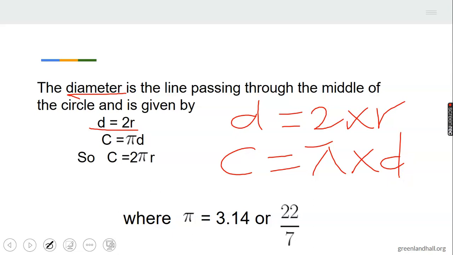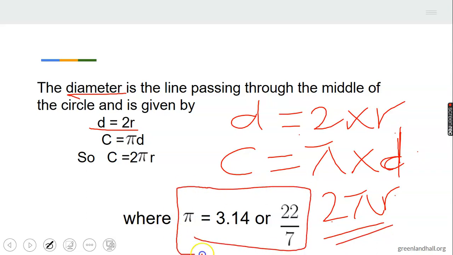If you don't want to work with diameter, you can work with 2 pi r. 2r replaces the diameter, because diameter equals 2r. By the time you substitute for diameter, you have 2 pi r. The value of pi is either 3.14 or 22 over 7.